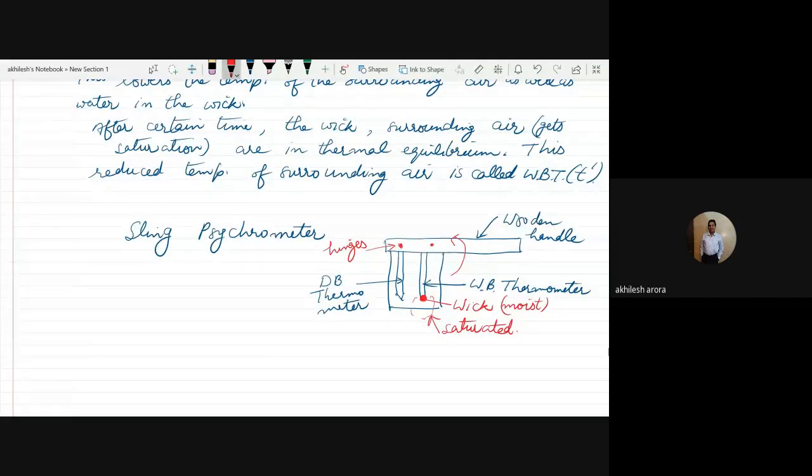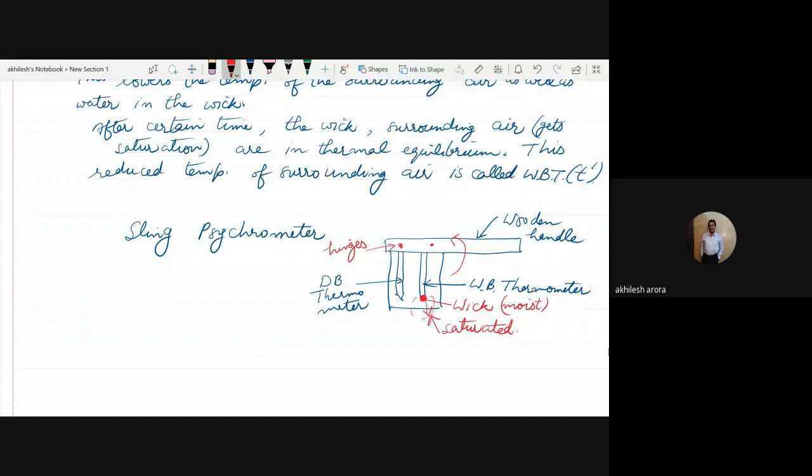And this is how saturation occurs: there is evaporation of the moisture from the wick portion to the surrounding air. Okay, when this evaporation takes place, the heat required for the evaporation is taken from the wick as well as from the surrounding air. So that is why the temperature of both the surrounding air as well as the wick reduces, and this reduced temperature is known as the wet bulb temperature.